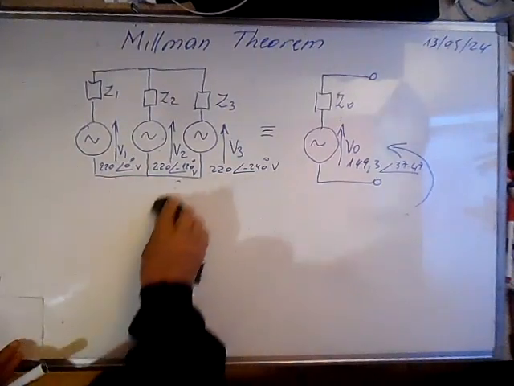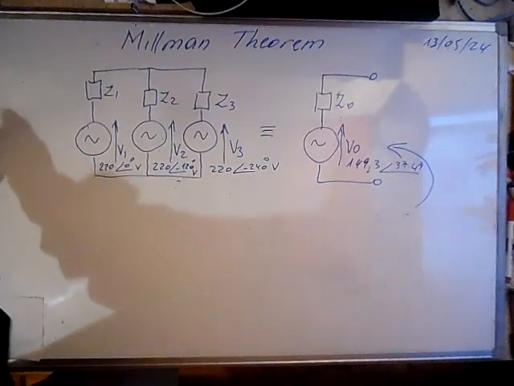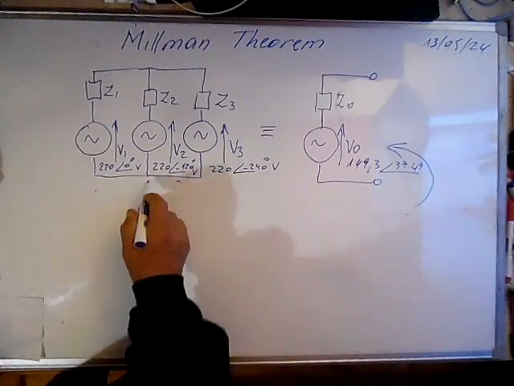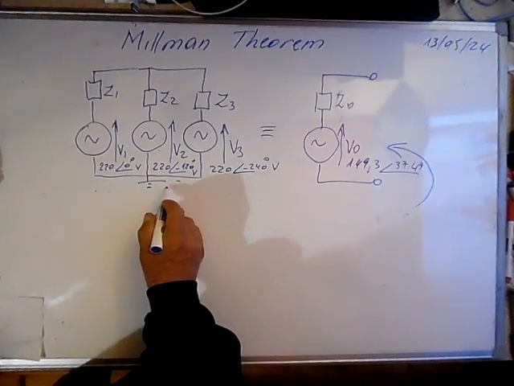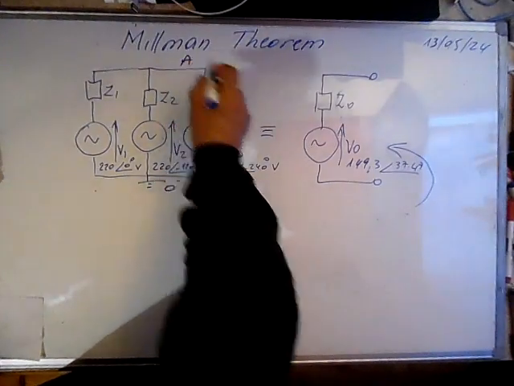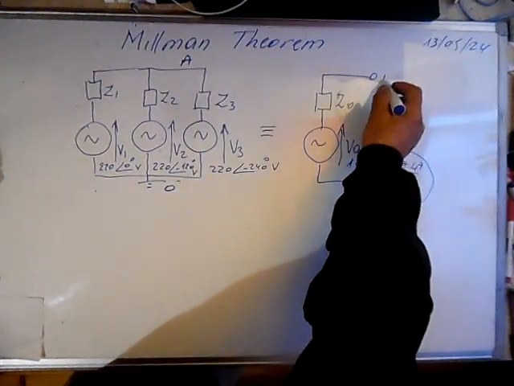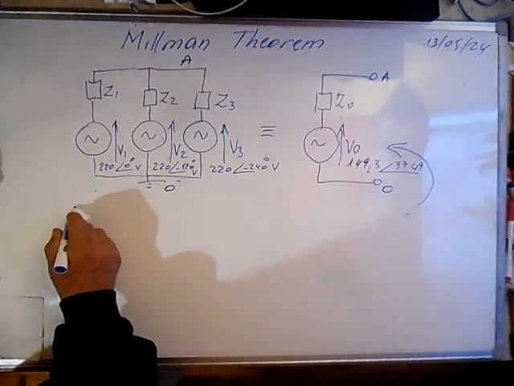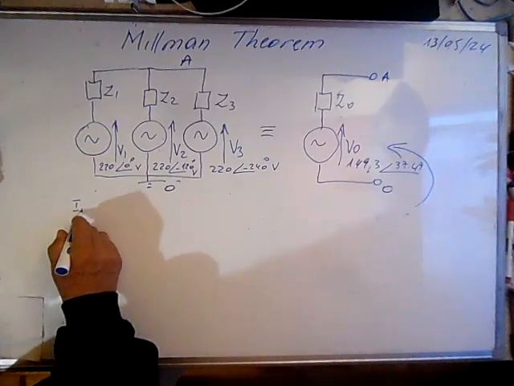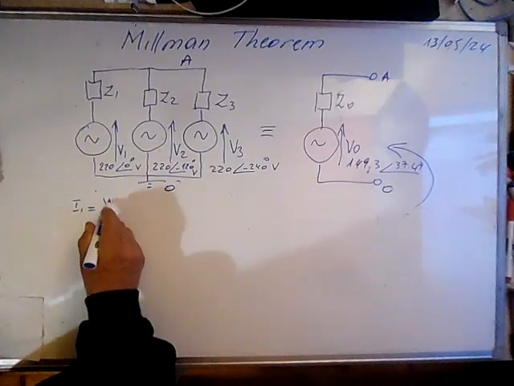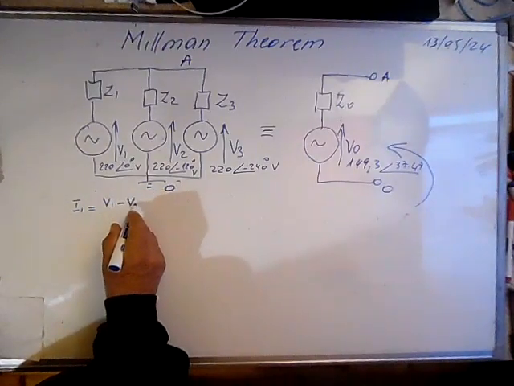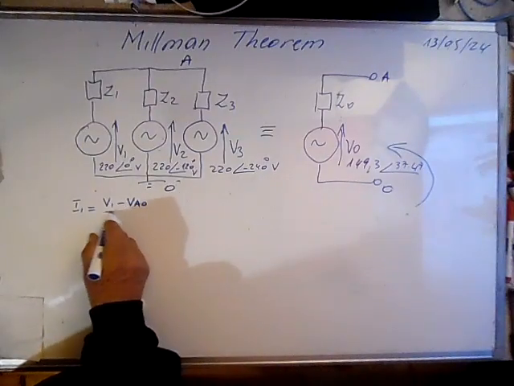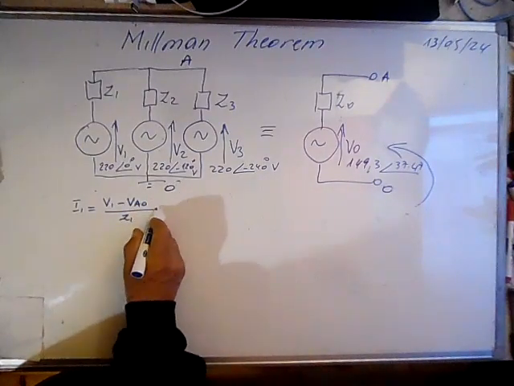Okay, now to calculate I1, if we call this node A, it means that I1 will be equal to V1 minus VA0 over Z1.